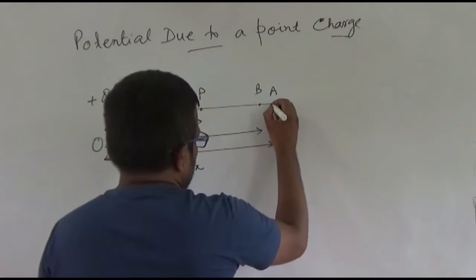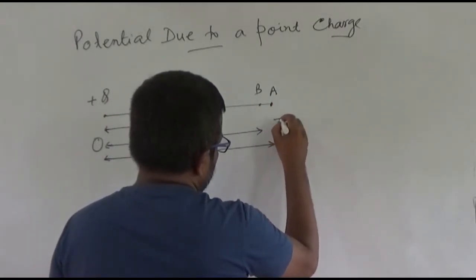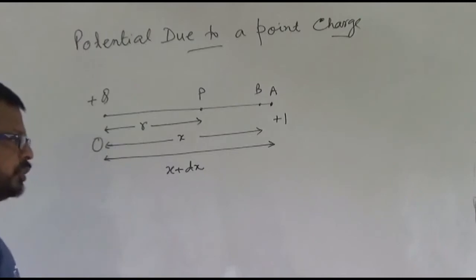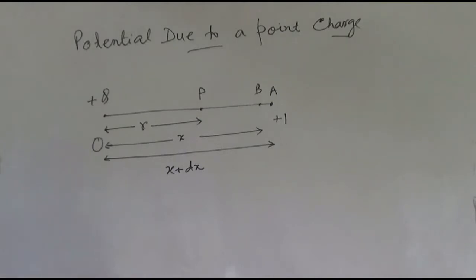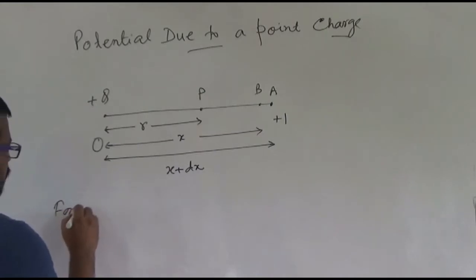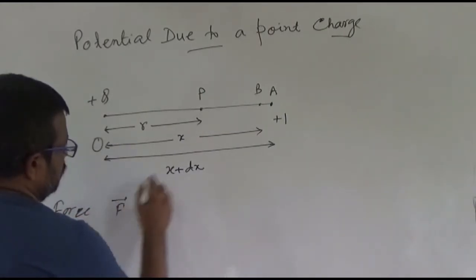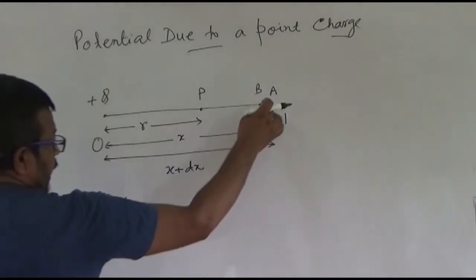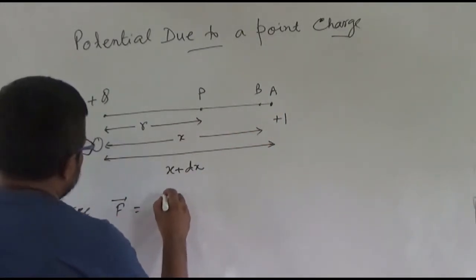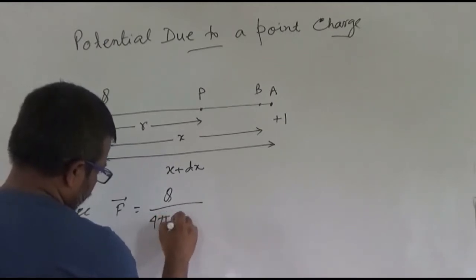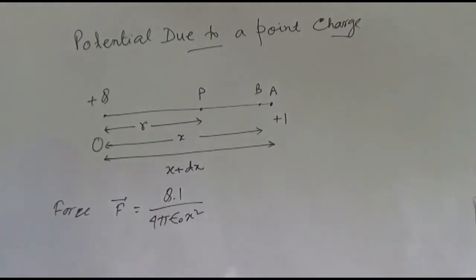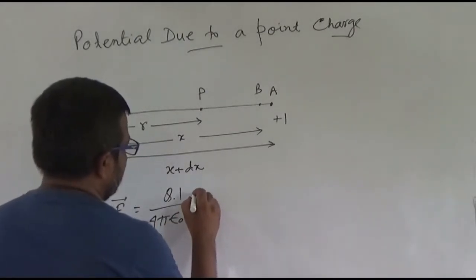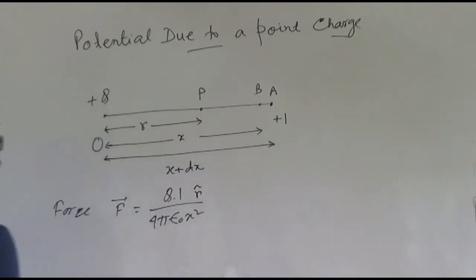Now, let us consider a unit positive charge at A. Then the force on this unit positive charge at point A is equal to Q into 1 divided by 4 pi epsilon naught x square, and it is directed away from the charge.